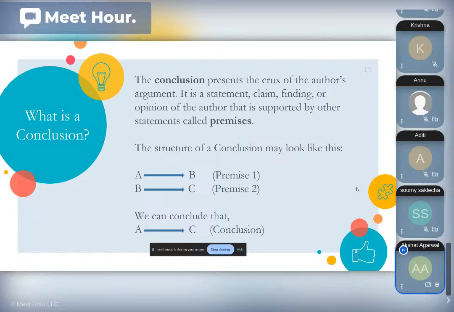Is there any question? Okay. So these are all premises, right? And my conclusion that the youth is not enthusiastically participating is the argument I'm trying to make. Again, the same structure: A leads to B, B leads to C, so A leads to C is my conclusion. This is something which the author is arriving at.